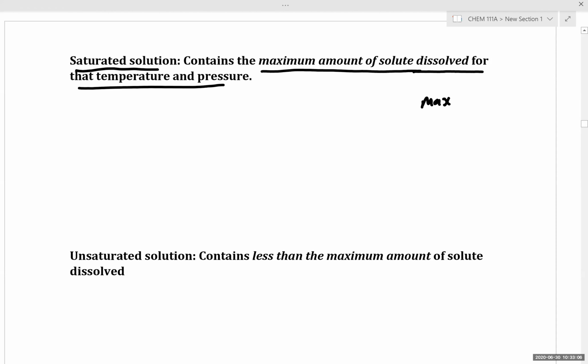So let's suppose our maximum solubility is, let's just do 500 grams per 1 liter at 25 degrees Celsius. Okay? We have to specify the temperature because solubility is temperature dependent.